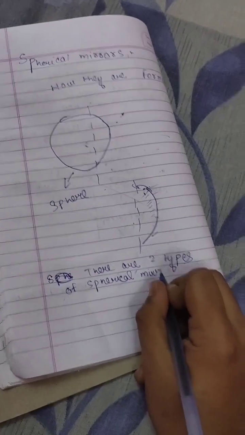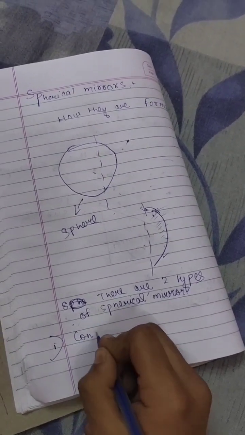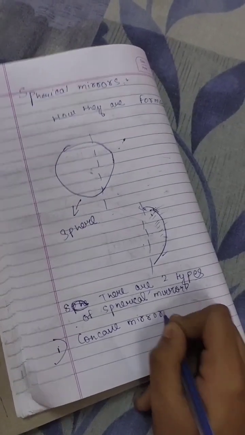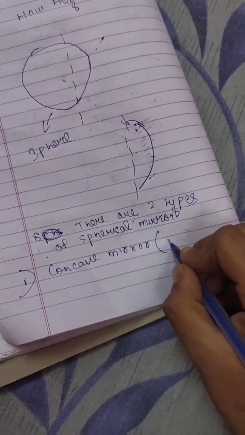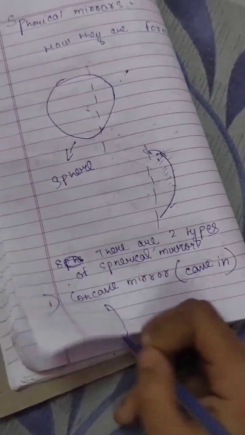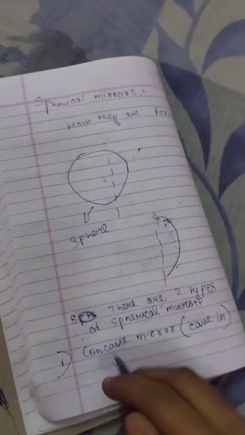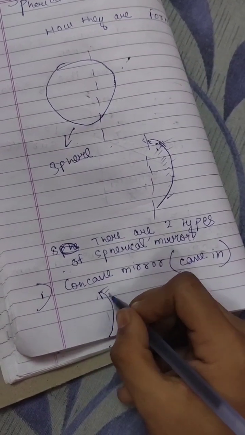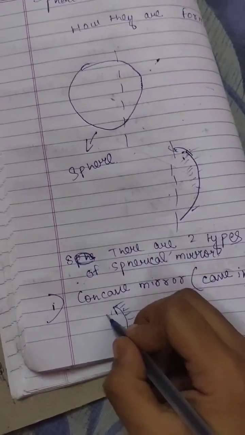The two types are the concave mirror and the convex mirror. Firstly, how will we remember the concave mirror? We will remember that it is always caved in, like this, like the opening of a cave. In the concave mirror, the outward curve is the polished surface, and the inward curve is the reflecting surface.